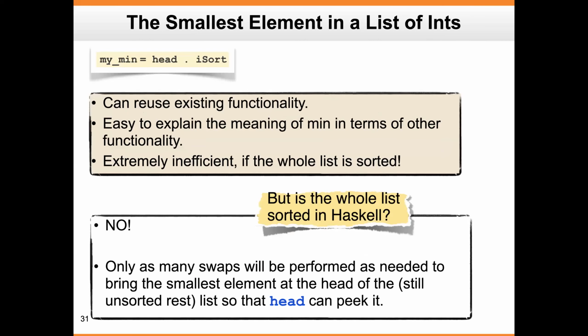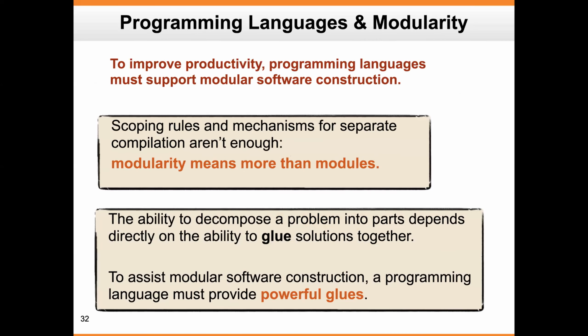And I will skip this part and move on to summarizing this part about modularity. So to improve productivity, programming languages must support modular software construction. But just having scoping rules and mechanisms for separate compilation is not enough.